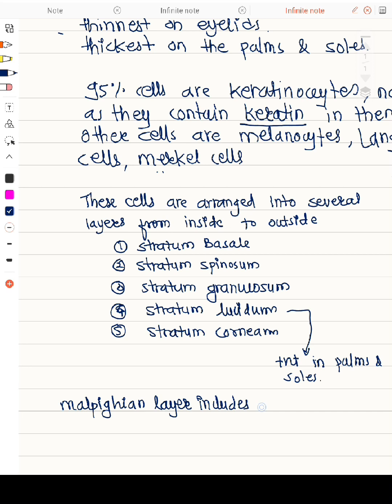Stratum lucidum is present in the palms and soles. The Malpighian layer includes both stratum basale and the spinous cell layer. Stratum basale is also known as the stratum germinativum.